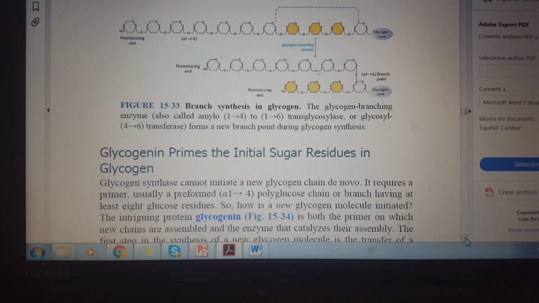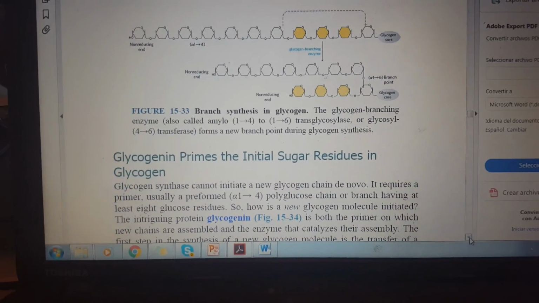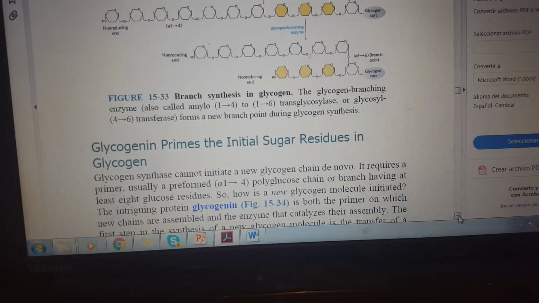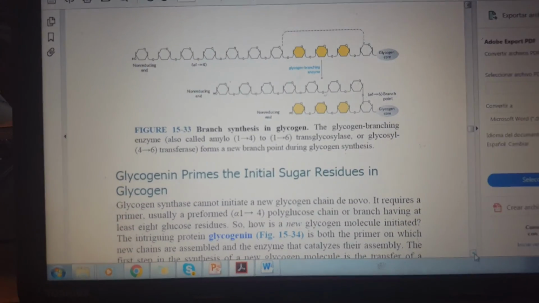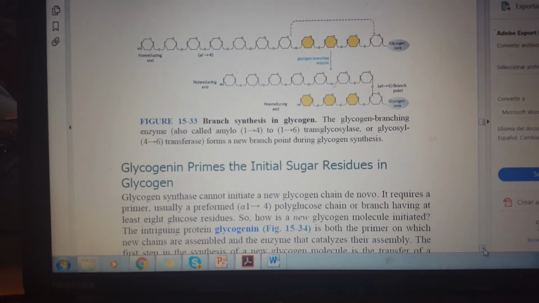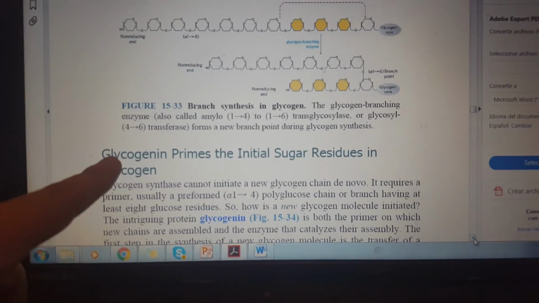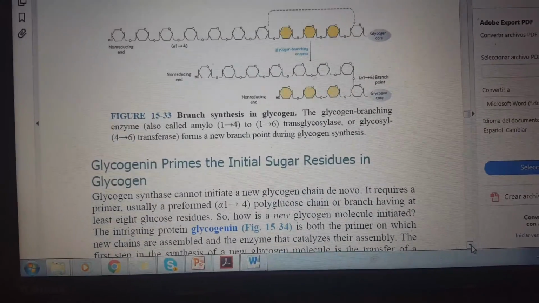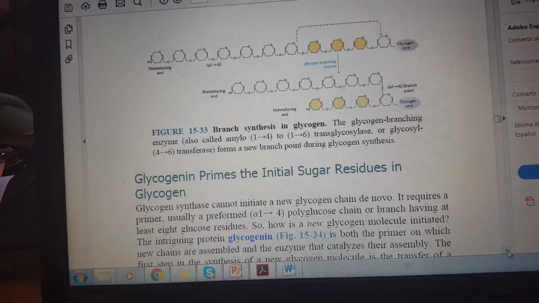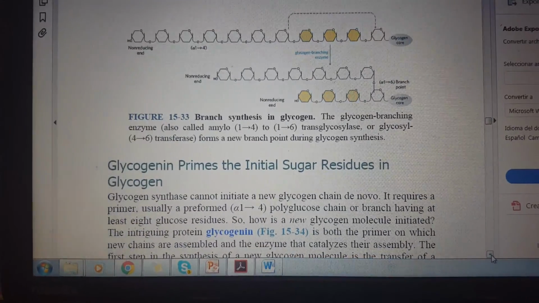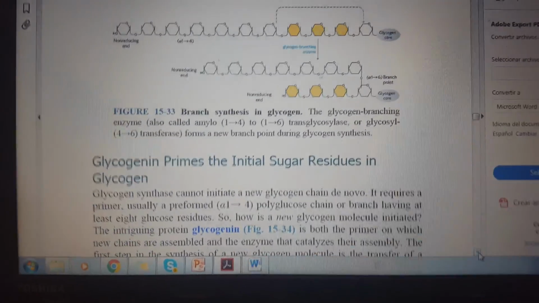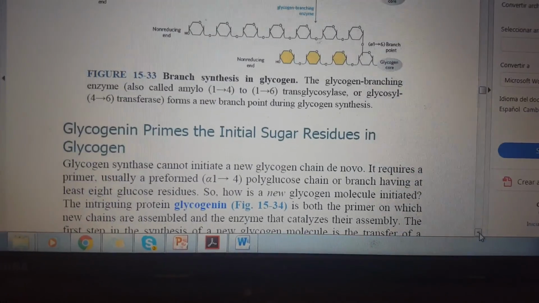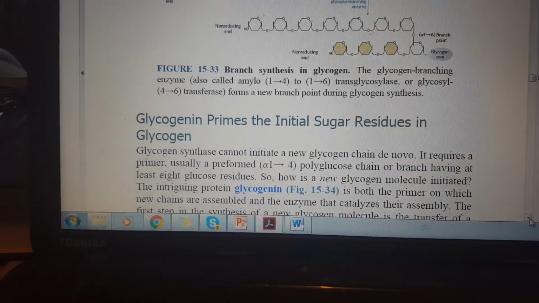But we can't polymerize this molecule if we don't have an initial portion of glycogen. So what are we going to do about that? Like with DNA, we have to make primers to initiate the polymerization.